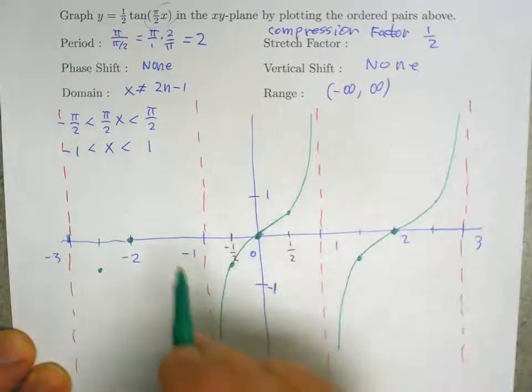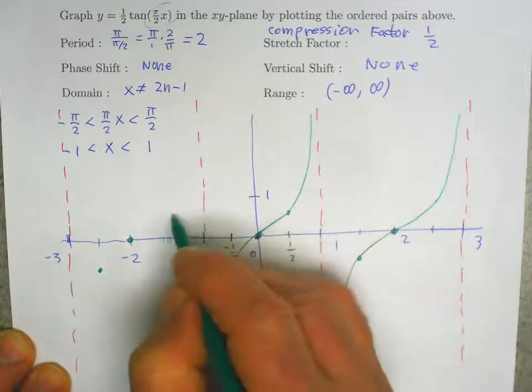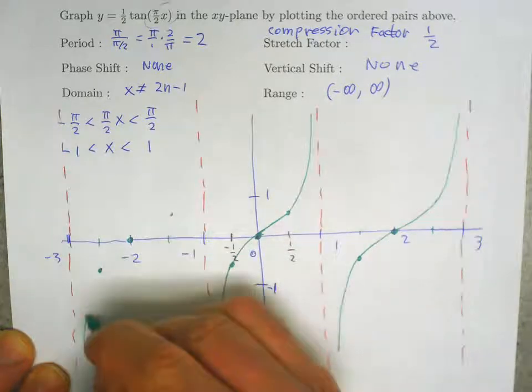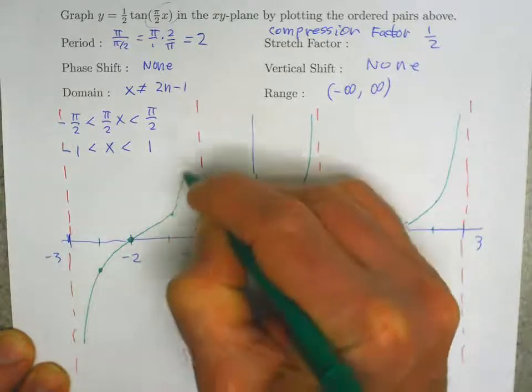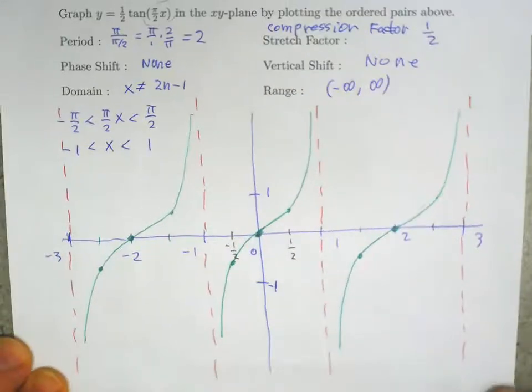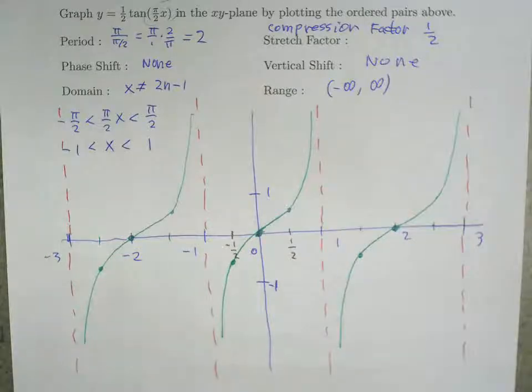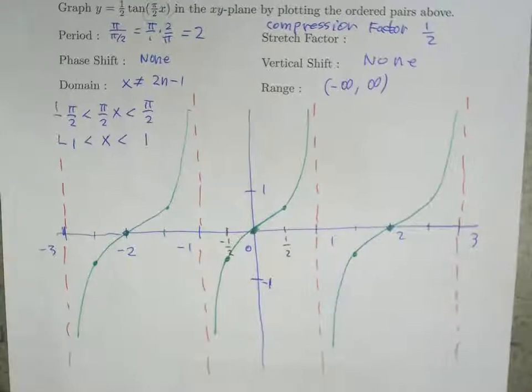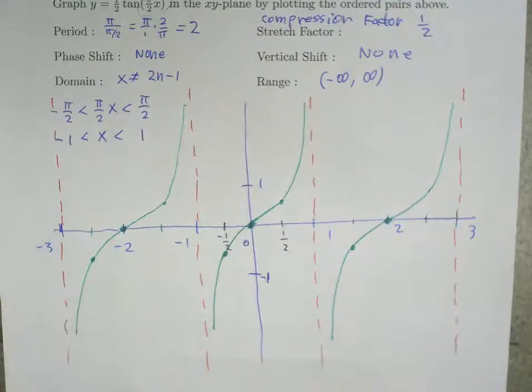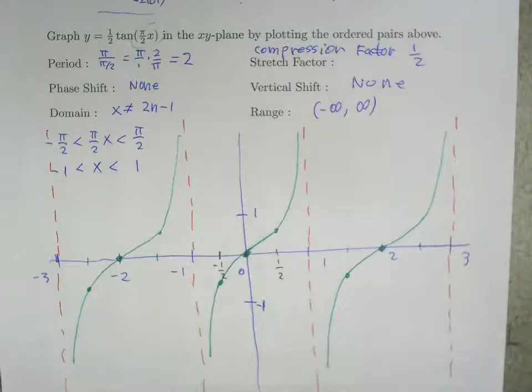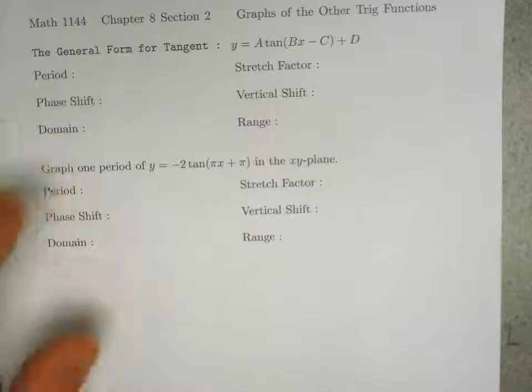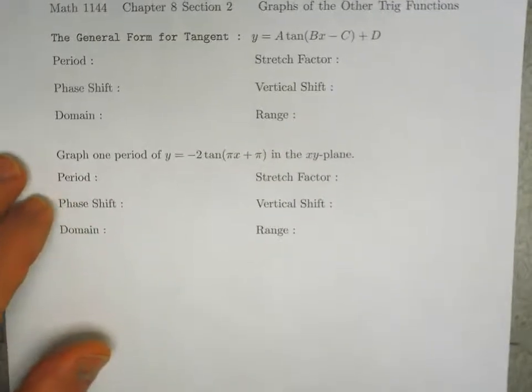And at -1.5, we have an output of 1/2. So there is our third period. Okay, next page, we'll look at the general setting.